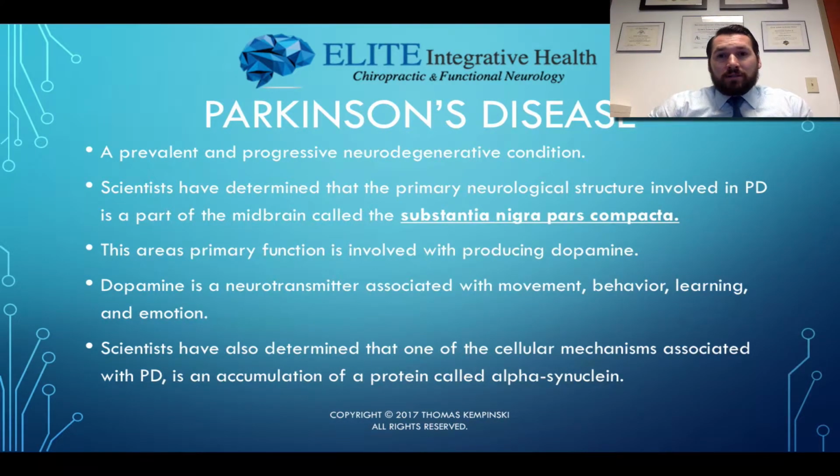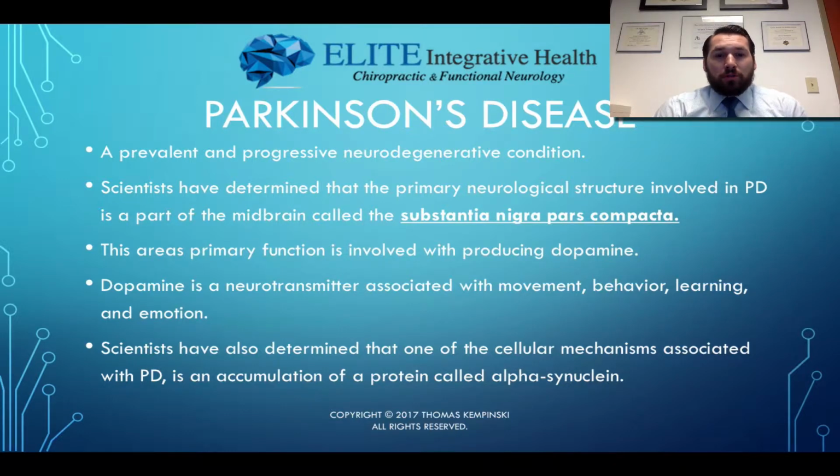So when we look at Parkinson's disease, this is a prevalent and progressive neurodegenerative condition. Scientists have determined that the primary neurological structure involved in Parkinson's disease is an area of the midbrain, which is in your brainstem, called the substantia nigra pars compacta. And this area is important because this is where these cells produce dopamine.